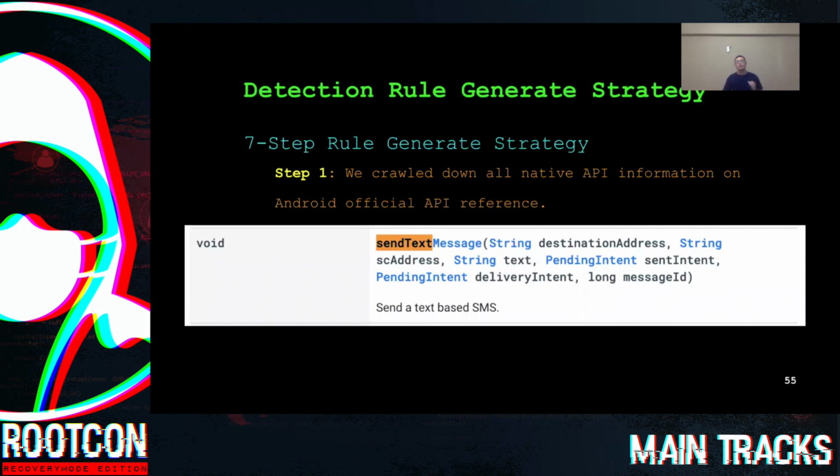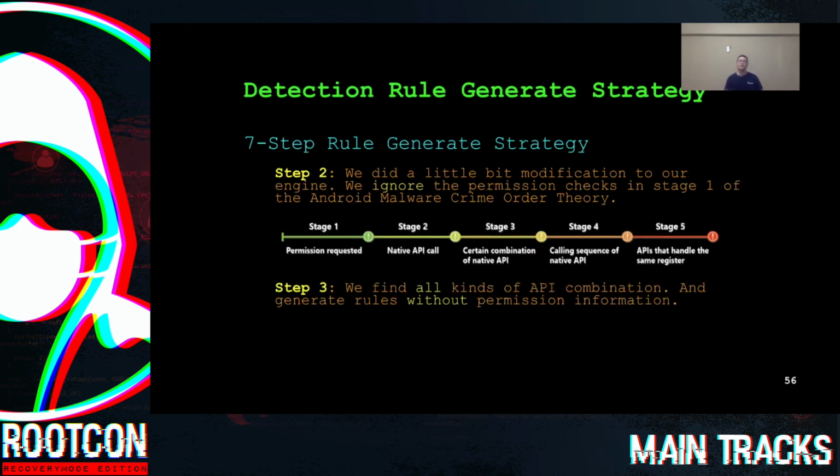Step 1, we crawl down all native API information on Android official API reference. For example, this is the native API information of send text message. You can see the input parameters, return values, and the description of this API. Okay, step 2, we did a little bit modification to our engine.